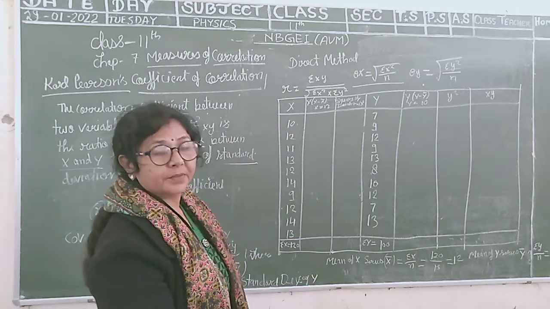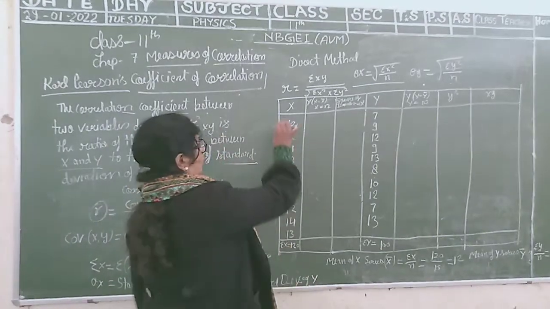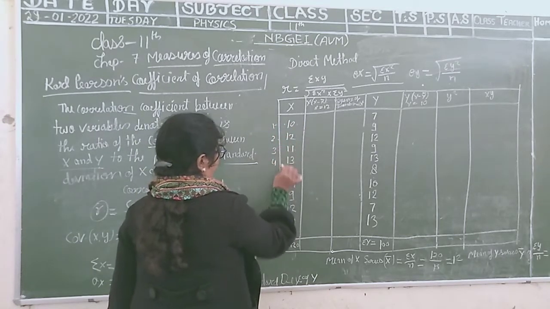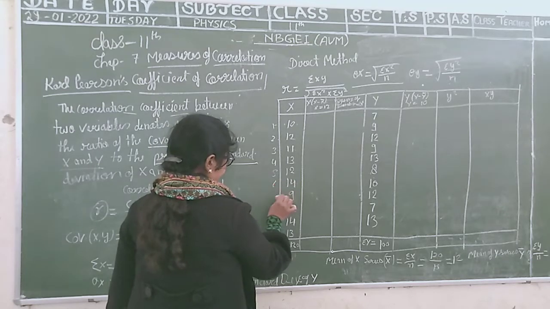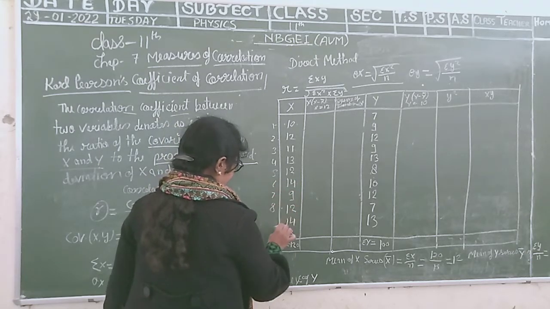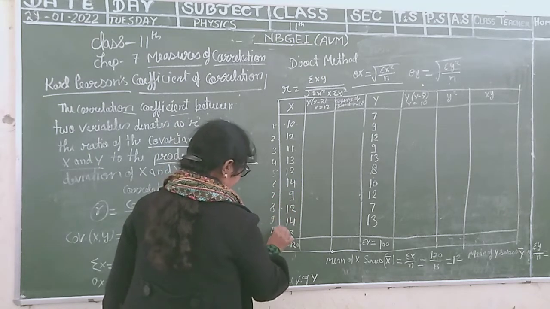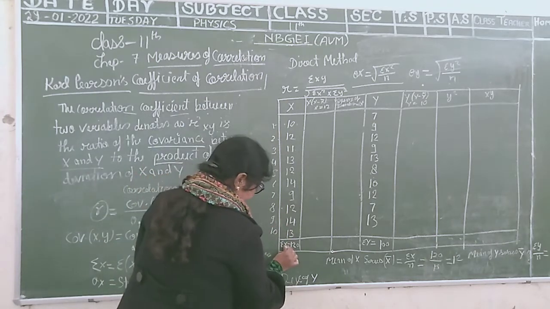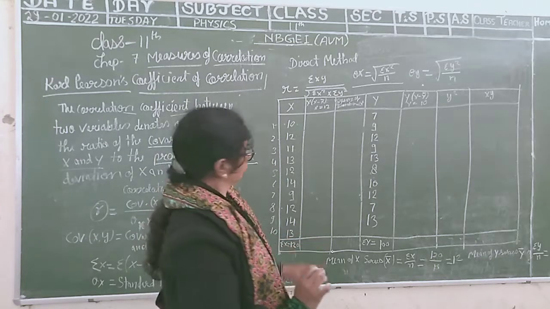How many numbers? There are 10 numbers. And the sum of the numbers, sigma x, equals 120.